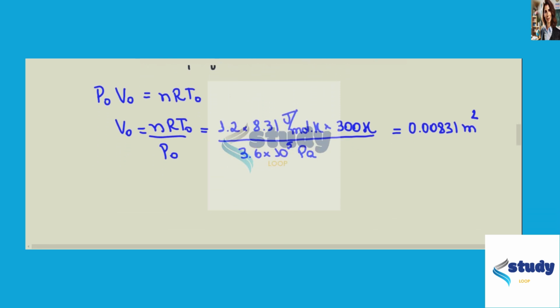Okay, so W is P0, which I'm going to just write the number.